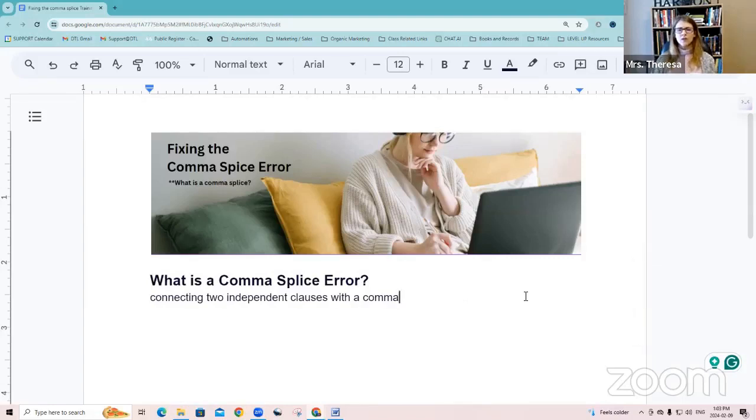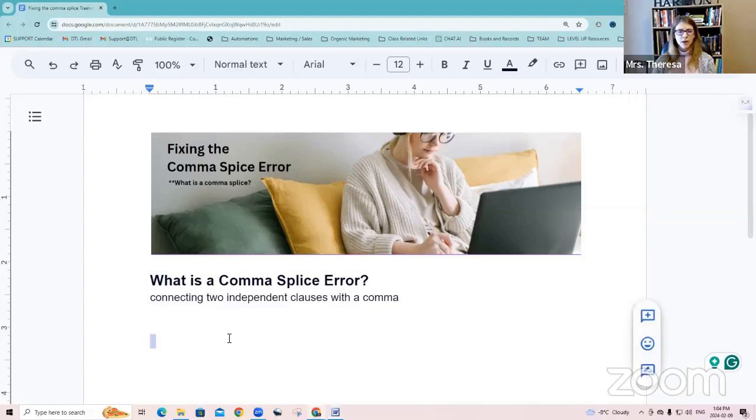As soon as we say that, that leaves the question, well, what is an independent clause? If we don't know what an independent clause is, we're kind of stuck, because how can we know we're making the error if we don't know what an independent clause is? So how would you define an independent clause?